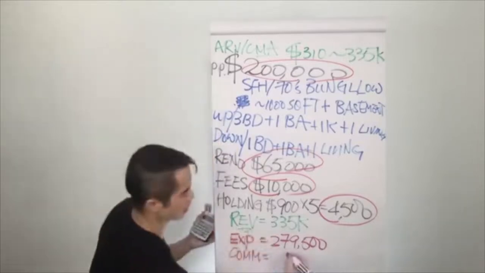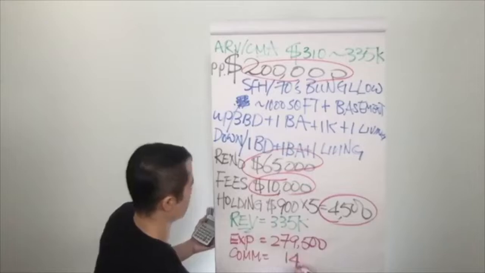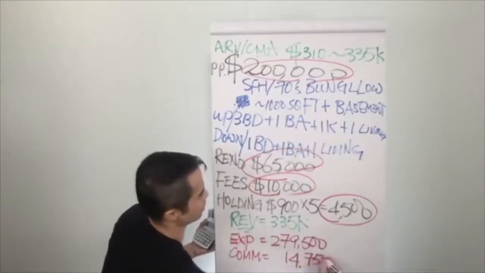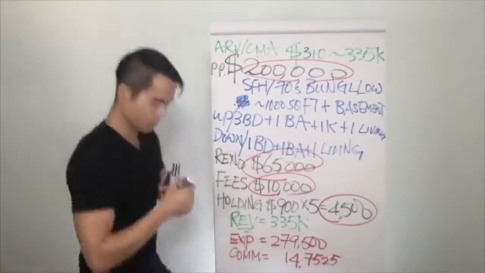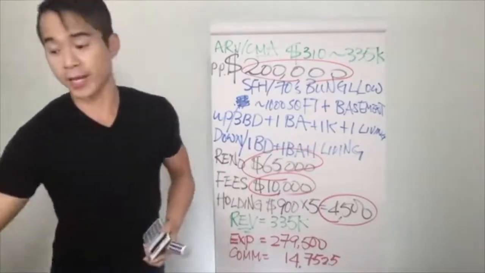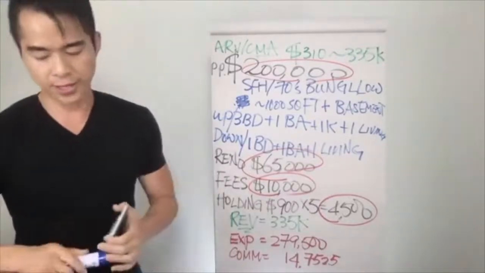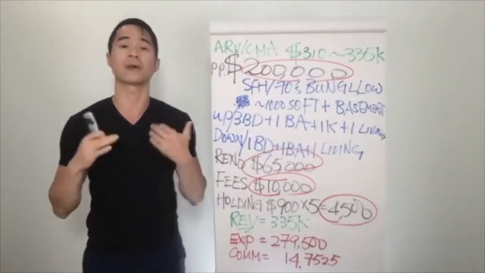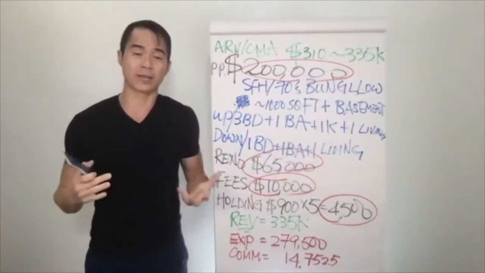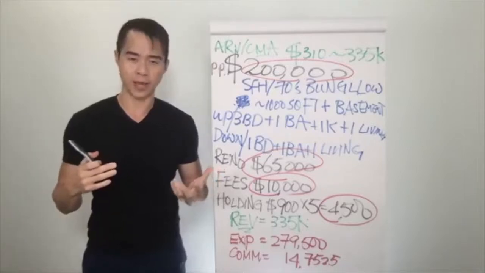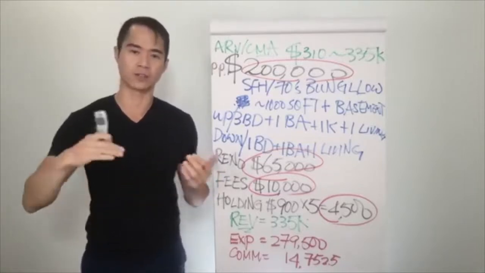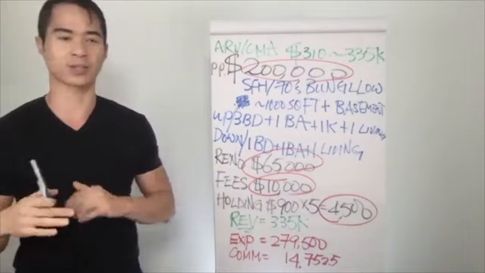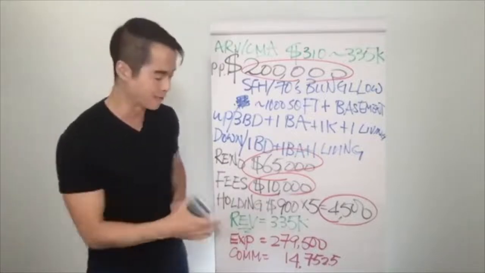That means it is $14,752.5. If you're in Ontario, okay, or any other states and provinces in other countries, just make sure you get the calculations on how much you need to be paying your agents, your realtor, your real estate agent, whatever you want to call them, for at this point.